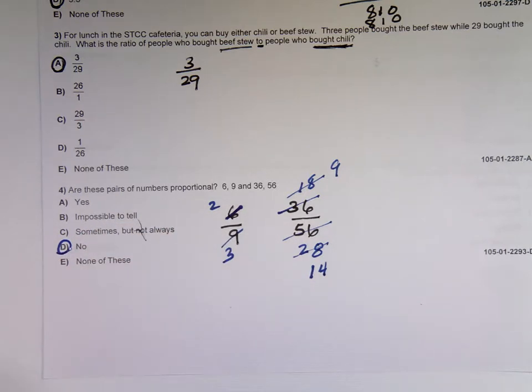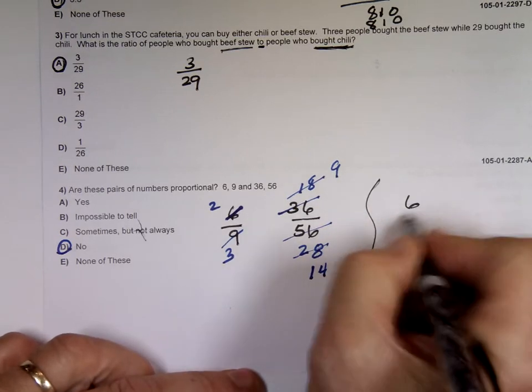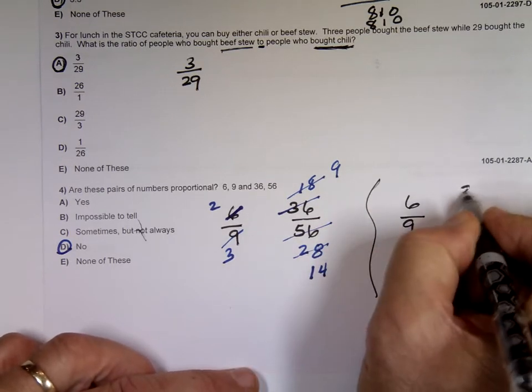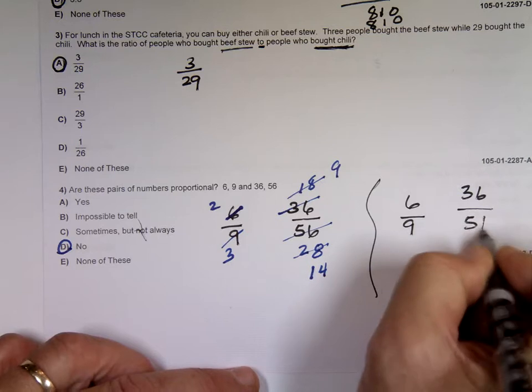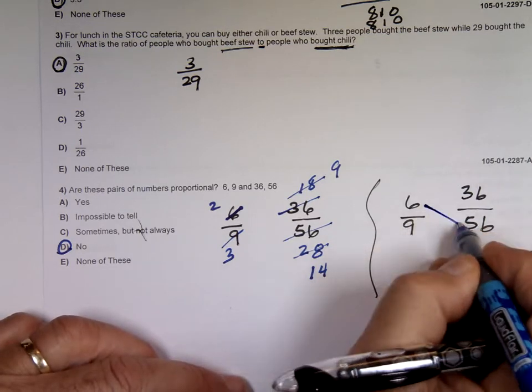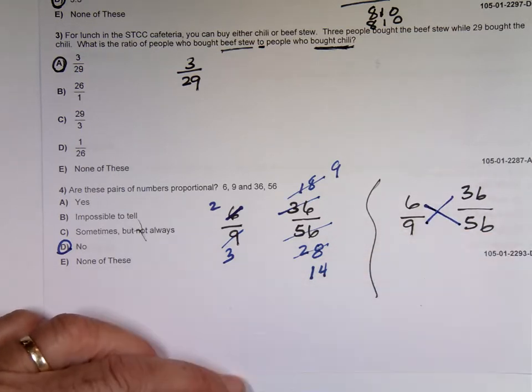The other way of doing it, if you don't want to simplify it, is cross multiply. Multiply these 2 numbers and multiply these 2 numbers. If the answer is the same, they are proportional.